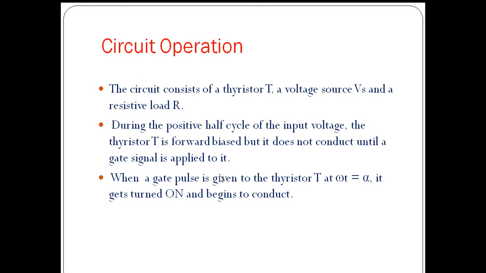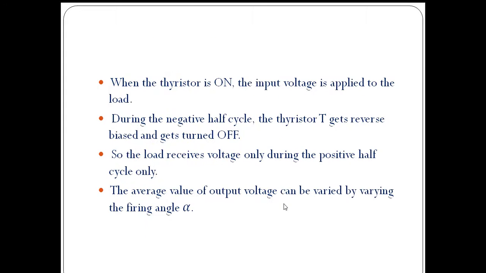Now the circuit operation. The circuit consists of a thyristor, the voltage source Vs, and a resistive load. During the positive half cycle of the input voltage, the thyristor T is forward biased, but it does not conduct until the gate signal is applied to it. When the gate pulse is given to the thyristor at omega t equal to alpha, it turns on and begins to conduct.